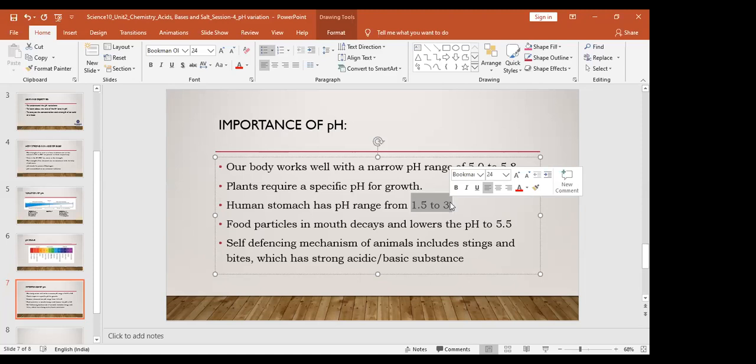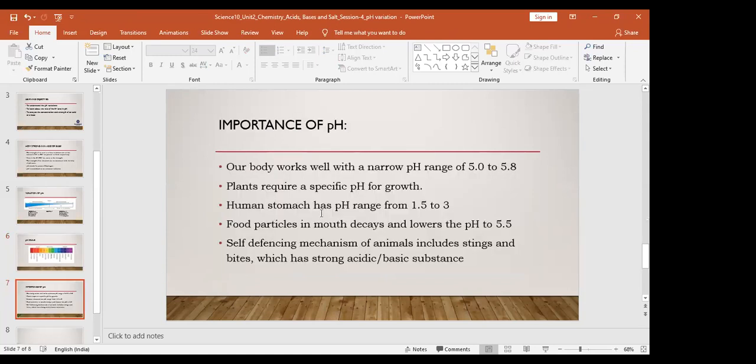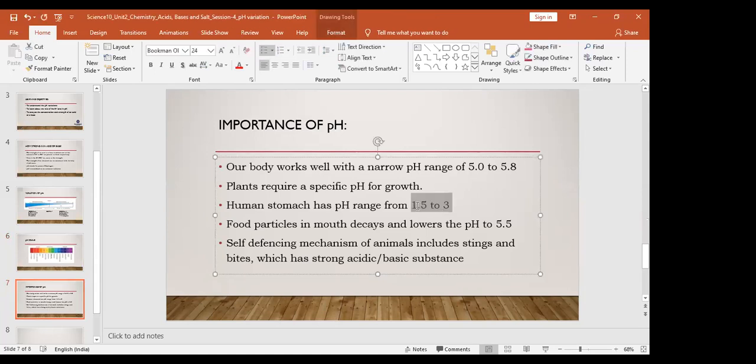If you remember, milk of magnesia has a pH ranging from 8 to 10 or 11. So milk of magnesia is able to neutralize this acidity that is created because of accumulation of HCl.